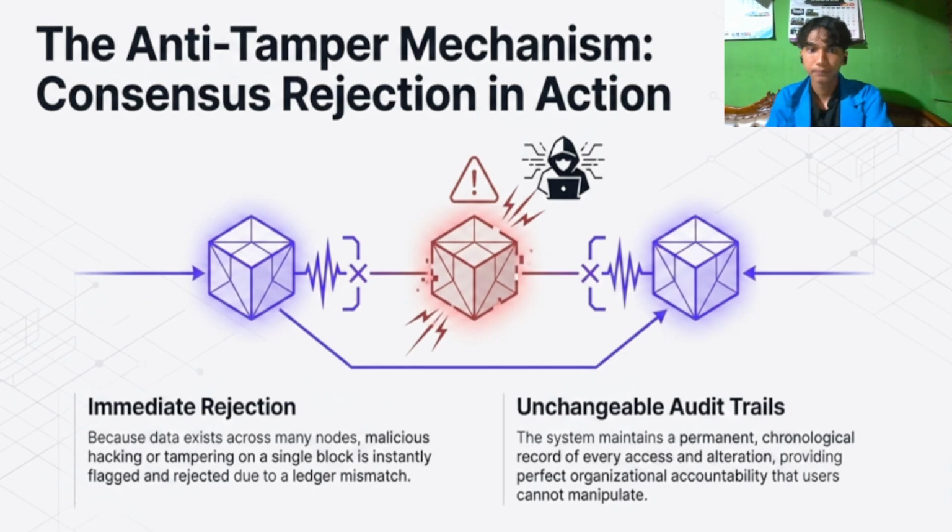The anti-tamper mechanism, consensus rejections in action. How does blockchain keep data safe? First, it has immediate rejection because data exists across many nodes. Malicious hacking or tampering on a single block is instantly flagged and rejected due to a ledger mismatch.